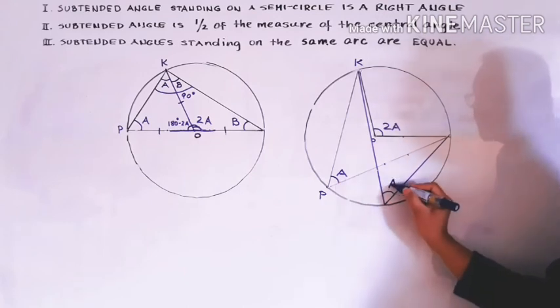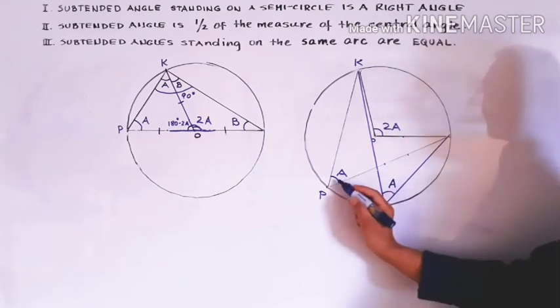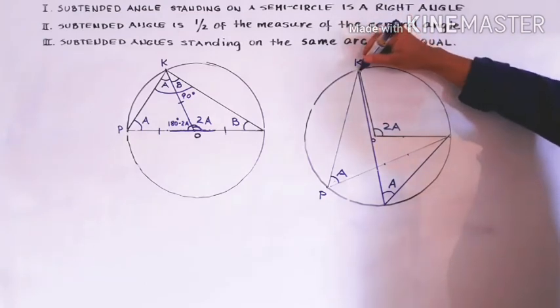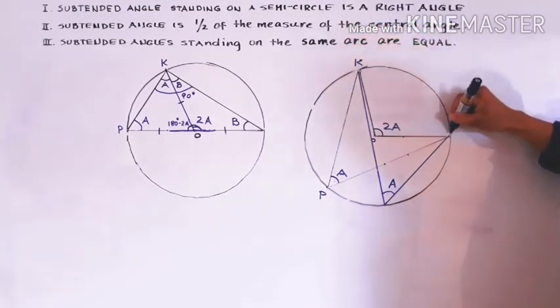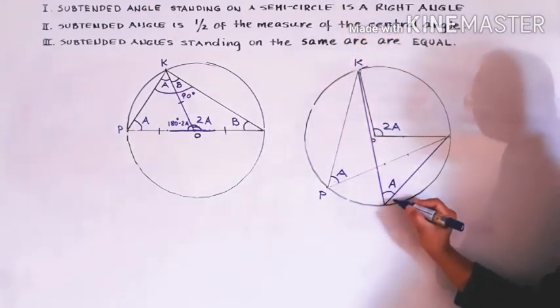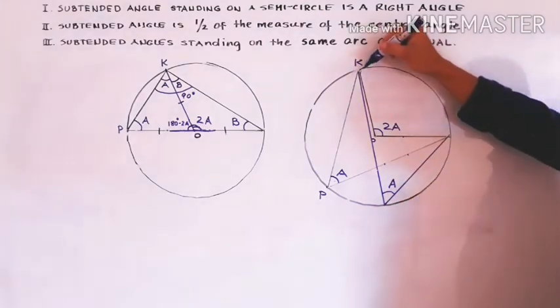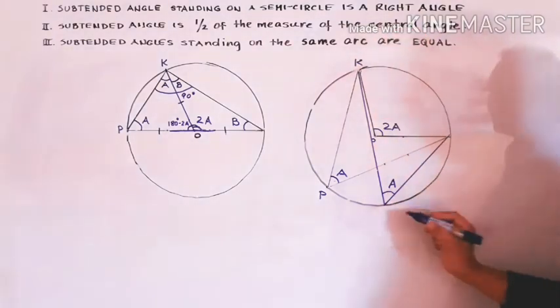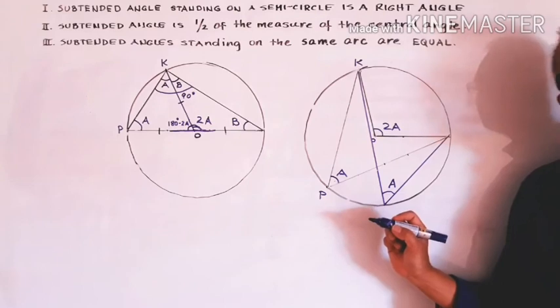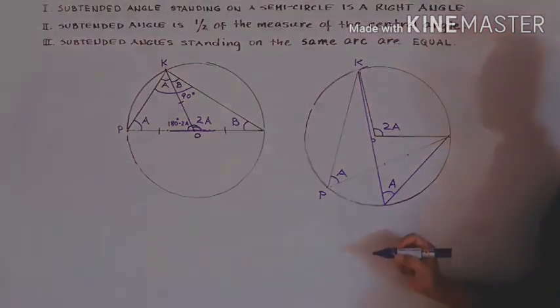This one is also A, because this angle is standing on this arc, and this angle A here is also standing on the same arc. Therefore, these two subtended angles are equal.